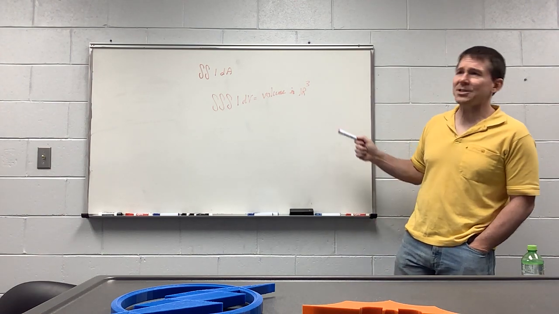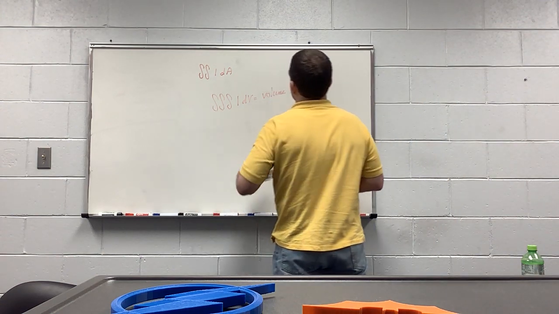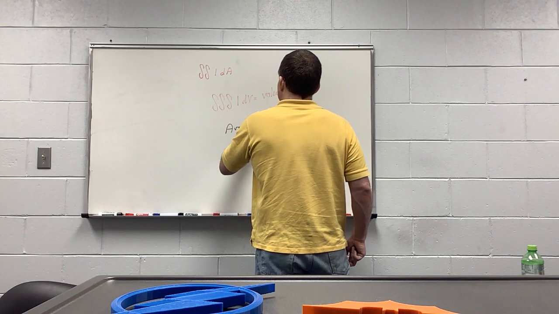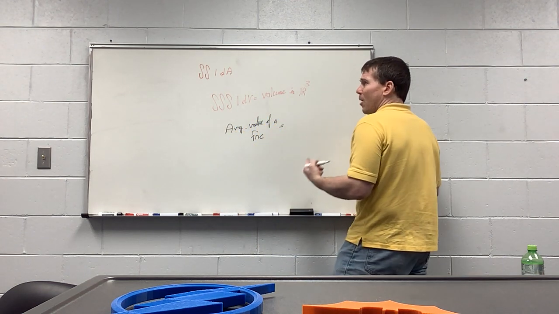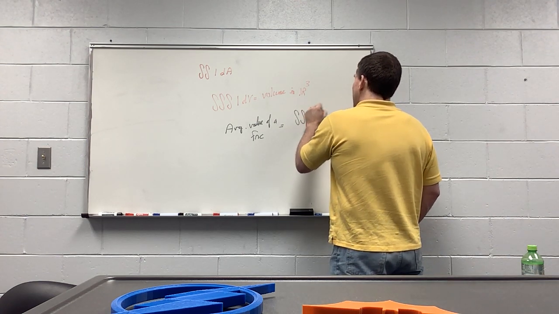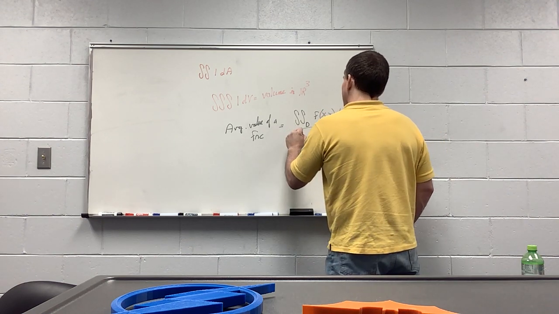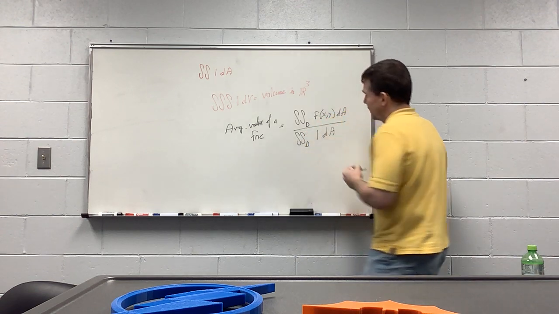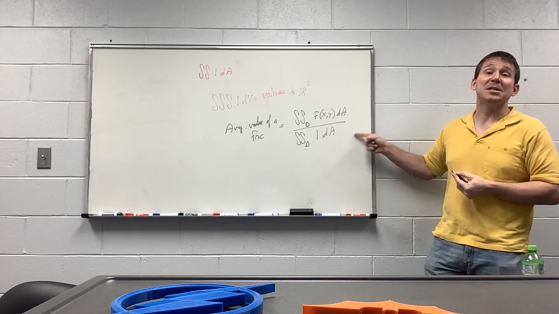But then once I have this concept, the other thing we looked at was the average value of a function. Before, we said the average value was the double integral over D of f of x, y dA over the double integral over D of 1 dA, the area of the region I was integrating over.